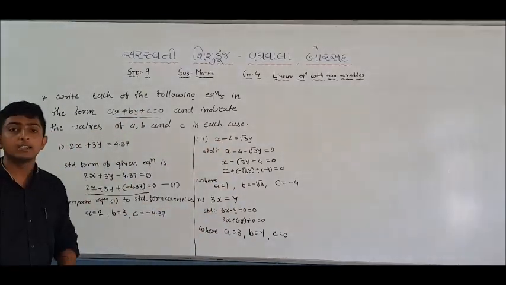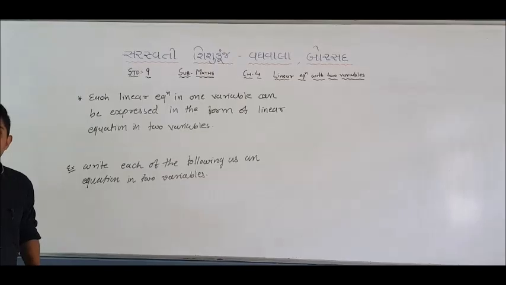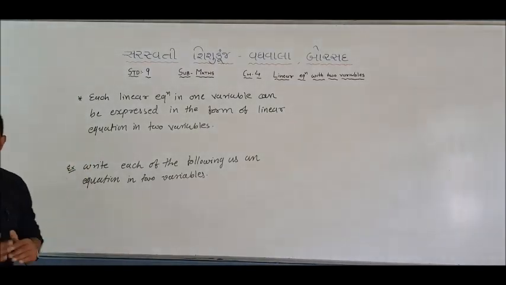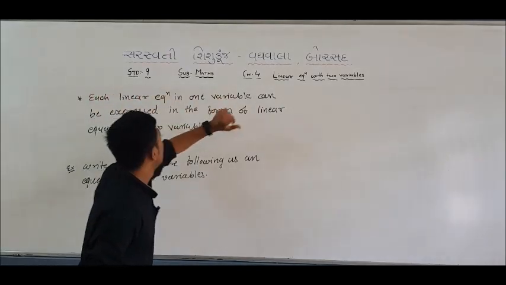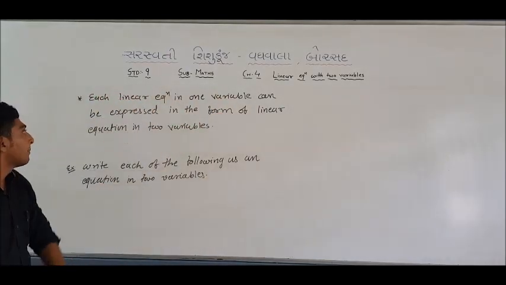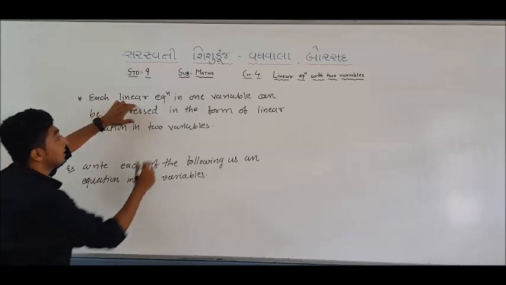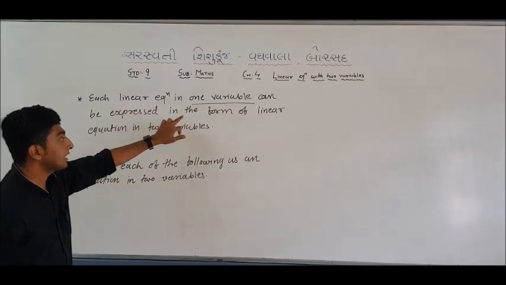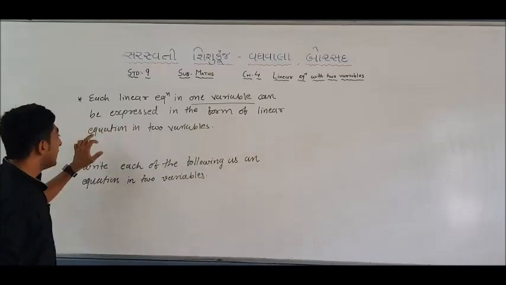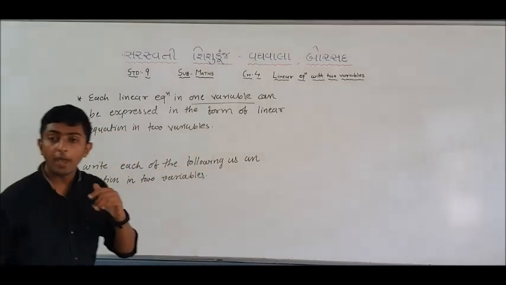Now let us see another type of example. Before we start, let us see an important note on linear equation with two variables. Each linear equation in one variable can be expressed in the form of a linear equation in two variables.